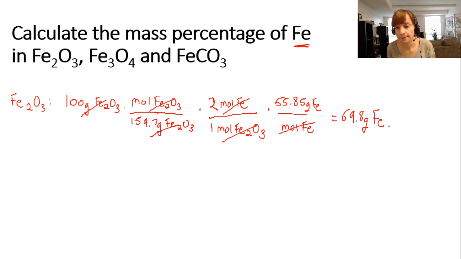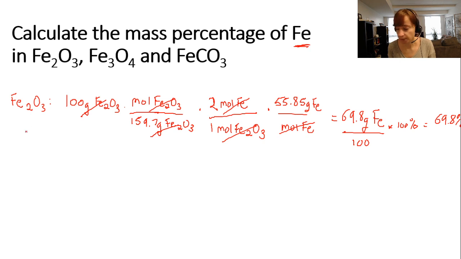Now the last step is just to get it into a percentage. We're going to divide by 100, multiply by 100%, because remember we started with 100 grams. So the answer in grams is also the answer for percentage, so 69.8%.